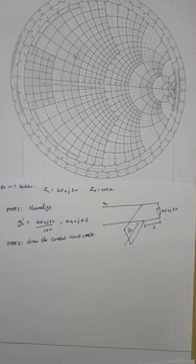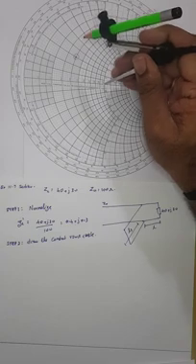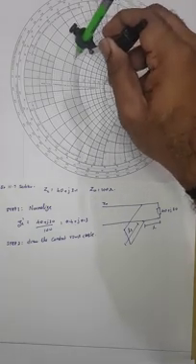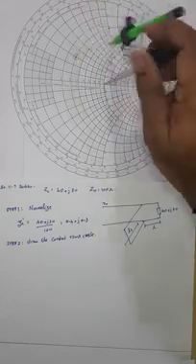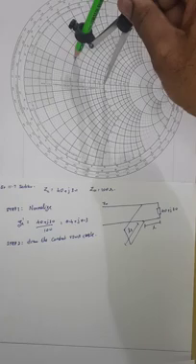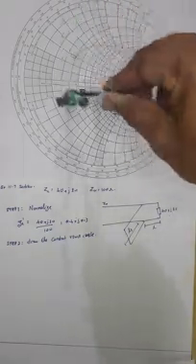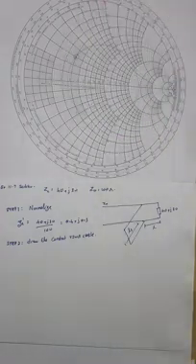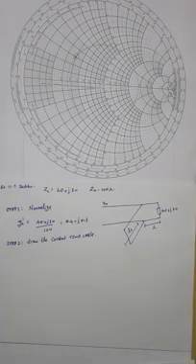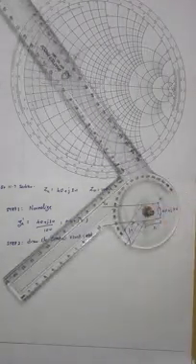So we go ahead, pick up our compass, place it at the center, bring it down to the load impedance that we have just plotted, and we draw the constant VSWR circle. Once our constant VSWR circle is in place, we pick up our ruler and join the line.